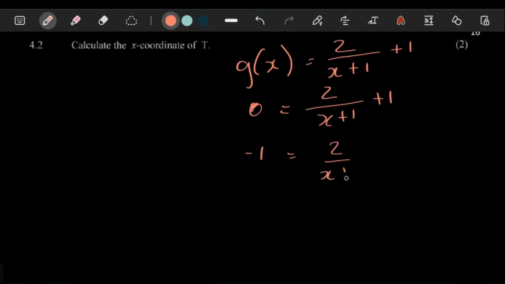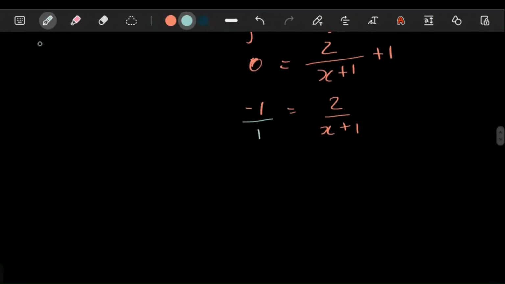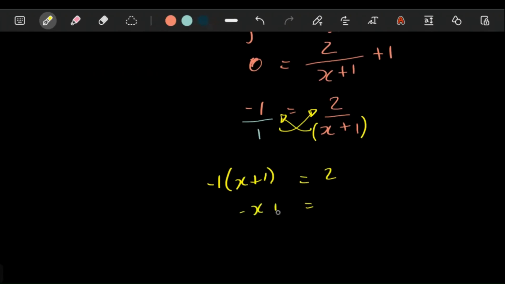The reason for doing that is so that you can have one fraction on the left and another fraction on the right, you see. And then you can just cross multiply, 1 times the 2 up here. Remember this, you have to keep it in brackets, see. Negative 1 times the x plus 1 there. So you're going to have here minus 1, x plus 1. 1 times 2 is a 2. Multiply inside, you have negative x minus 1.